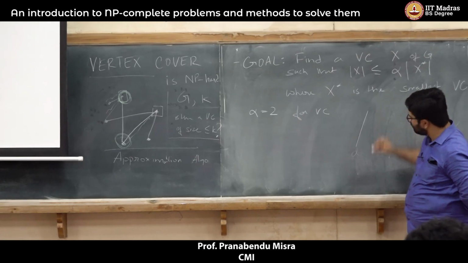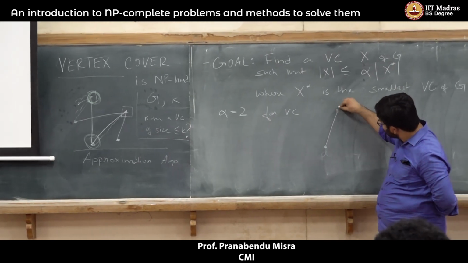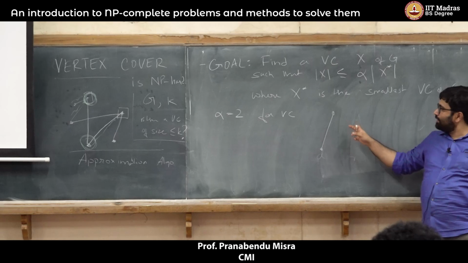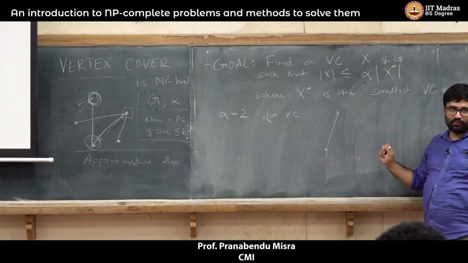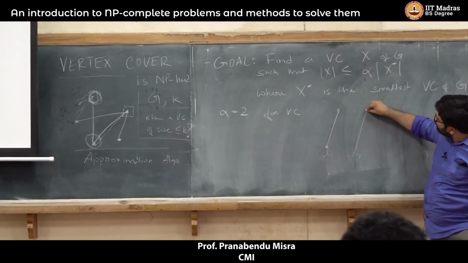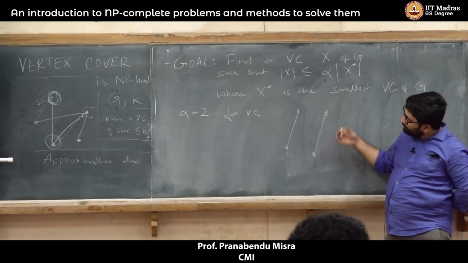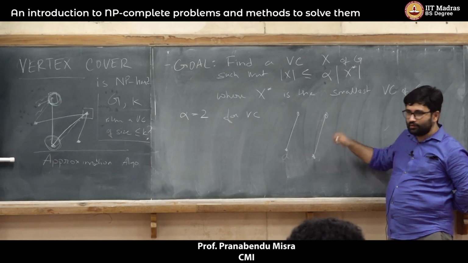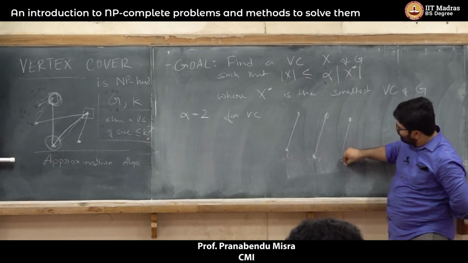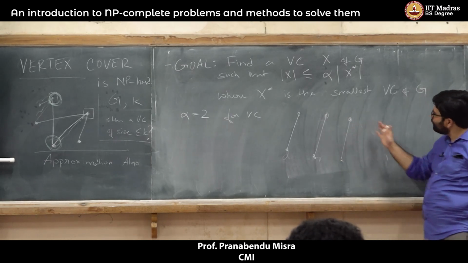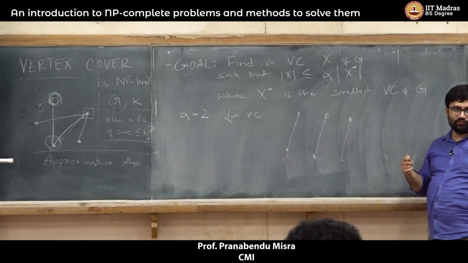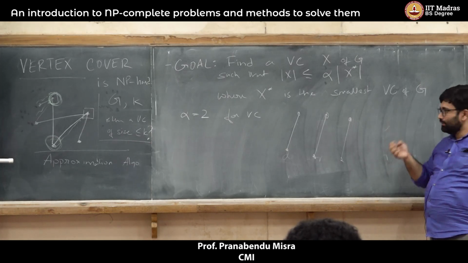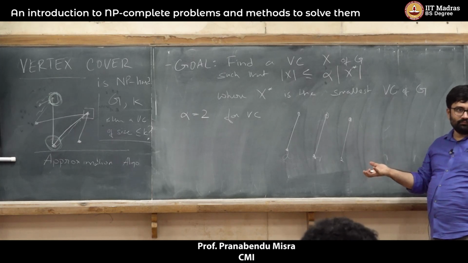We picked some edge, took both the endpoints of this edge and deleted all the edges incident on either of these two endpoints. In the remaining graph, I took another edge and deleted every edge incident on one of its two endpoints. Then I took another edge, did the same thing. I kept doing that until I ran out of edges in the graph. The graph has no edges left. So this was my solution.